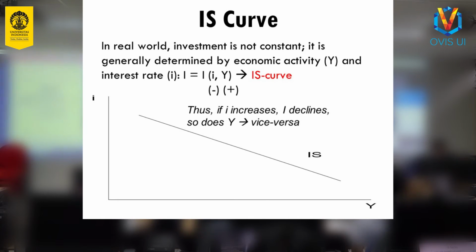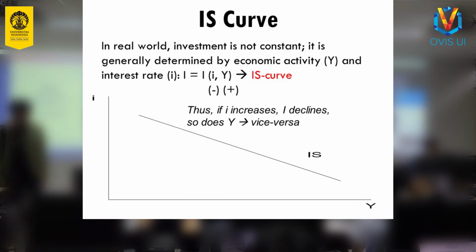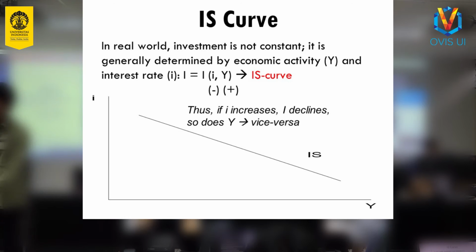Okay? And that's why when you have identity, Y is on the left, I is on the right. But when you have a function, it's nothing wrong if I is on the left, Y is on the right. Okay? And that's what you meant. Which is correct. I mean, what you said is not wrong, but that doesn't answer my question.